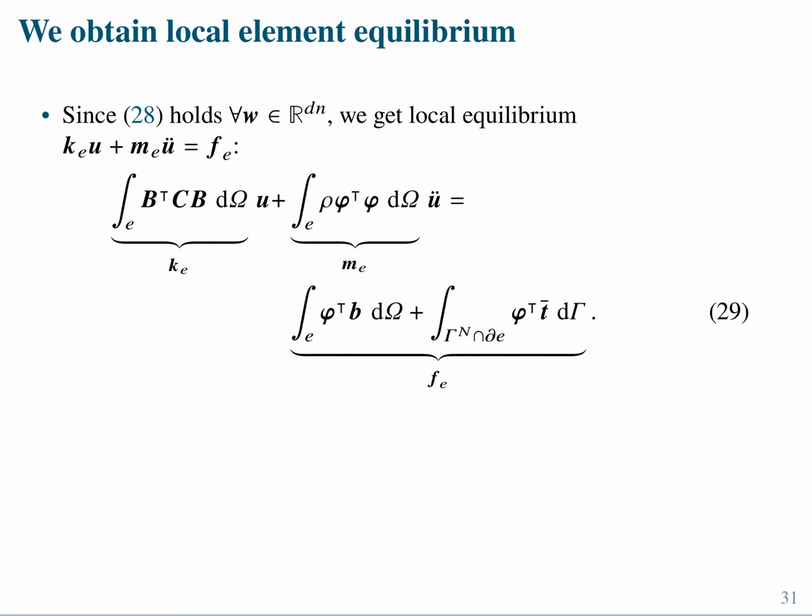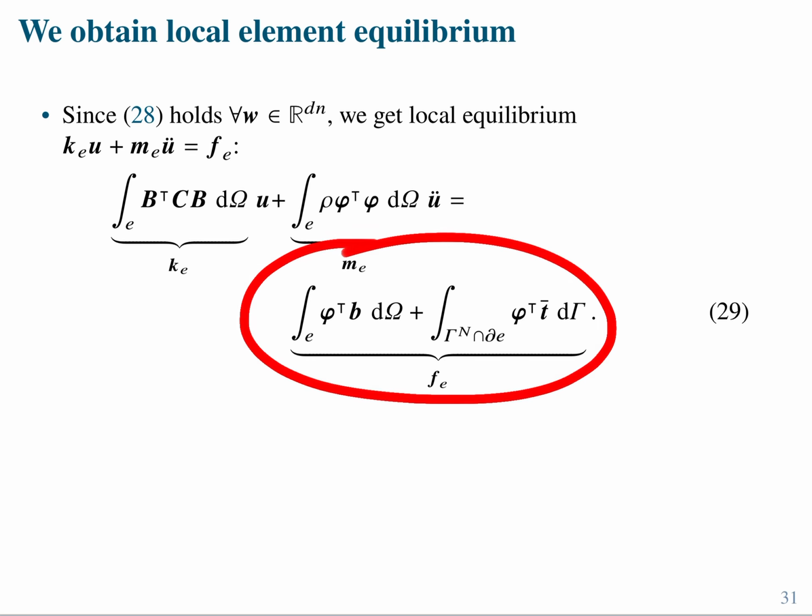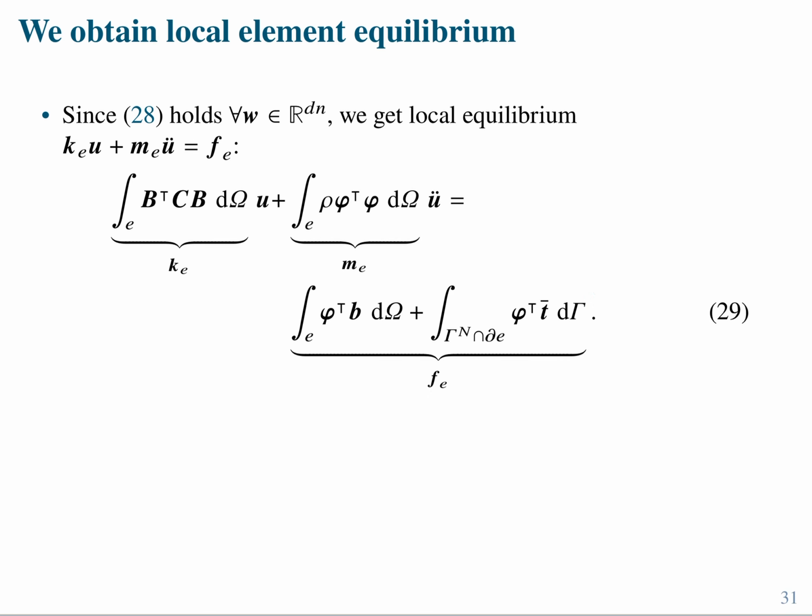Okay? All right. This is basically the final expression for our dynamic equilibrium equation, discretized at the element level, right? Where this component here, again, this is your local stiffness matrix, this is your local mass matrix, and this whole thing is your force vector. All right?